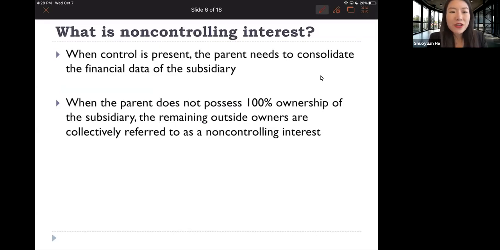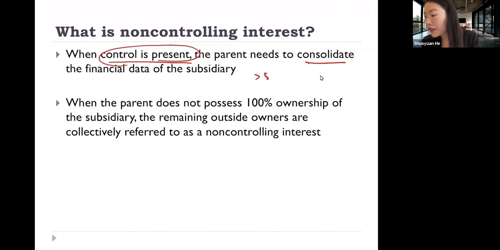So the definition here is, if you still remember what we talked about earlier in the course, when do we need to consolidate? We need to consolidate when control is present, when one firm has control over the other. Usually the criteria is more than 50% ownership of the voting stock, right?